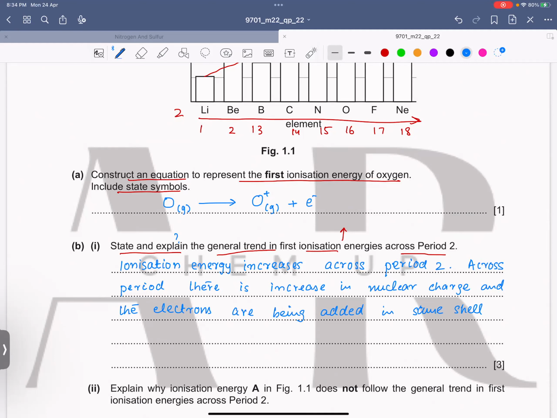So the nuclear forces of attraction between the nucleus and valence electron increases.